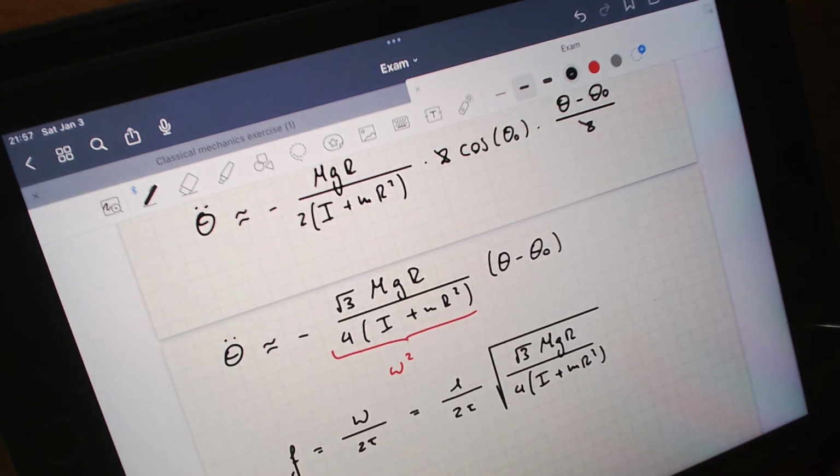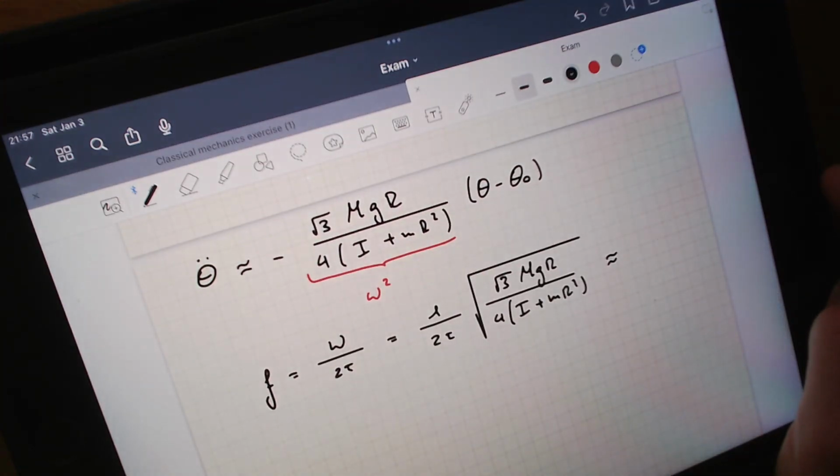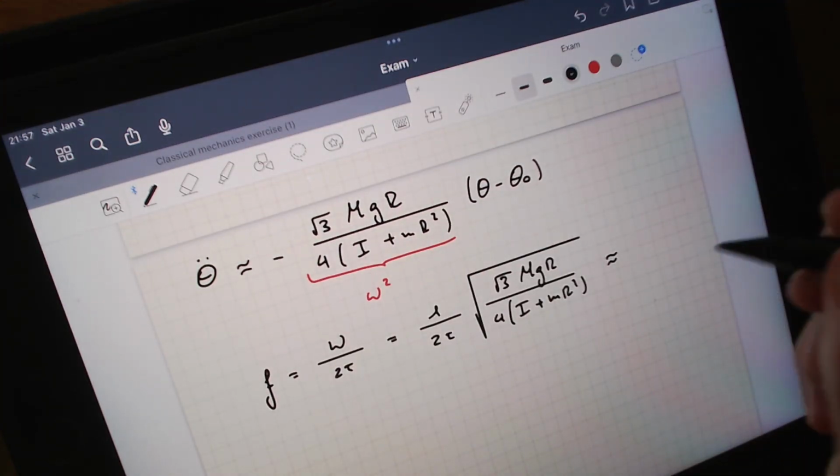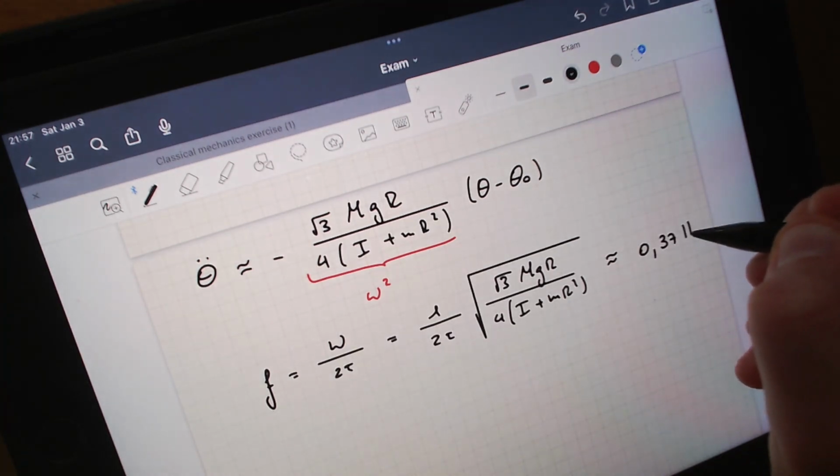Okay, so this is the final result of the question, and if you put in the values of all these quantities, you should end up with 0.37.